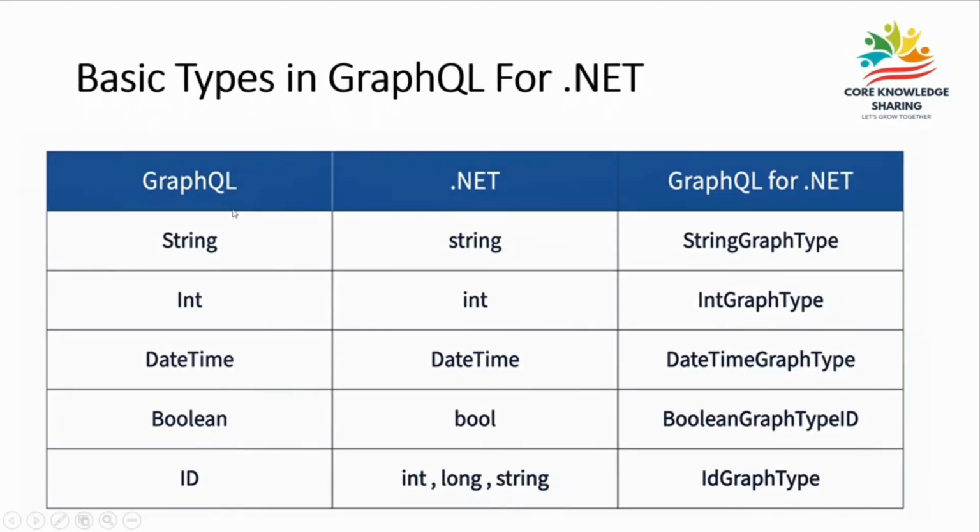So in GraphQL where you have the string like this, in .NET we have a string like this. And then in the GraphQL for .NET library, we have a StringGraphType. In the same way for int, we have an IntGraphType. Same for the DateTimeGraphType, and similarly for the BooleanGraphType and IdGraphType. And for the ID, long and integer, we are treating it as IdGraphType.